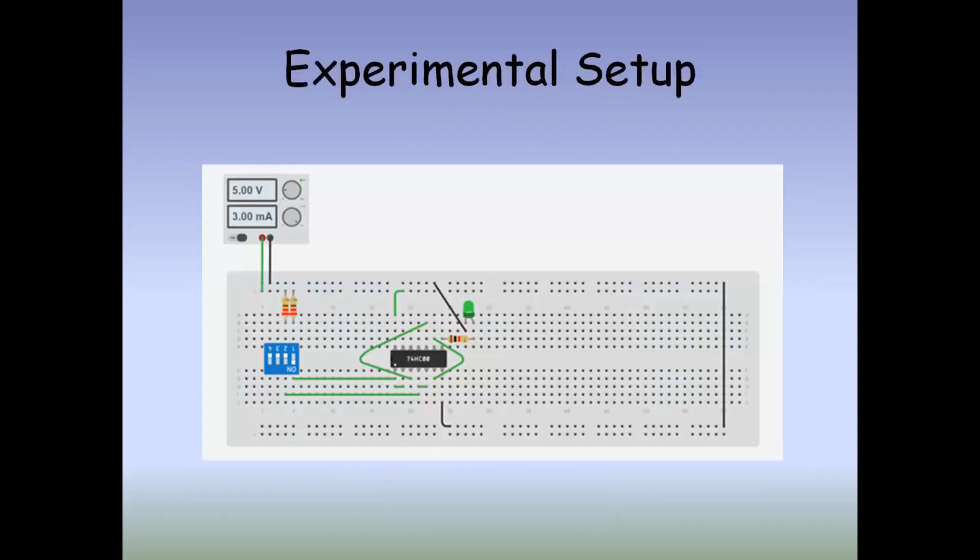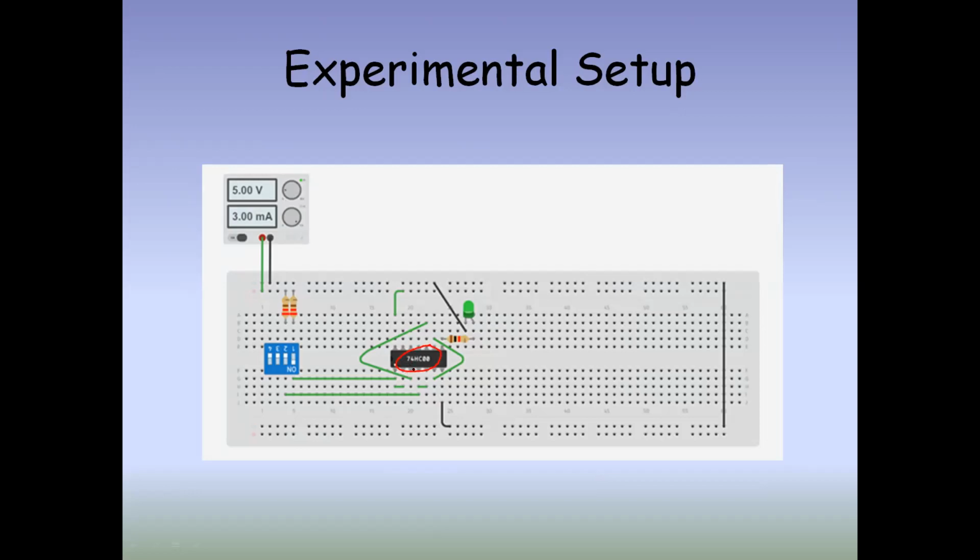You can find the experimental setup here, which we have done on Tinkercad software. We have taken a NAND gate IC here. This is the 7400 IC, which is a NAND gate IC. In that IC, I have 4 NAND gates.